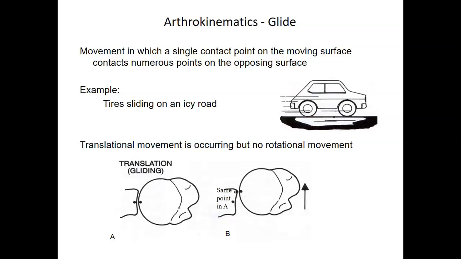So if I'm moving this direction and I don't glide, I jam up against structures. So you roll and glide at the same time. So that's what we're talking about. This is the roll, this is the glide. Everybody see that?